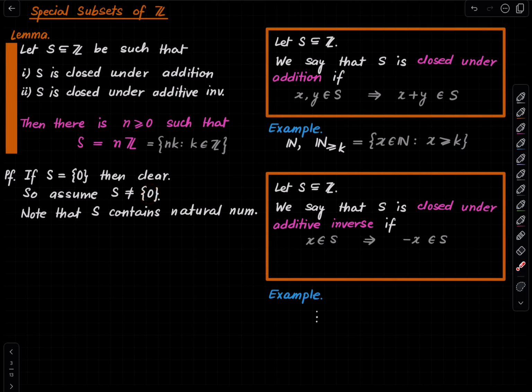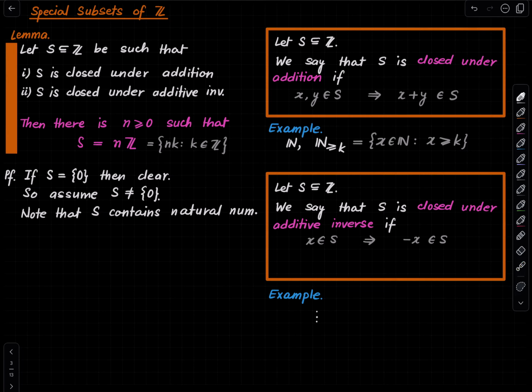If it is already positive, then this remark holds. If it is not positive, then it is negative, and then you can use the second property, taking the additive inverse of it, to find a natural number in S. So this is a simple check.